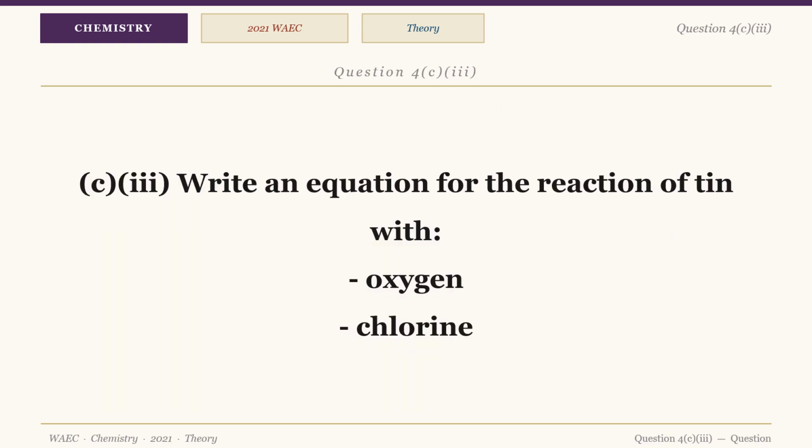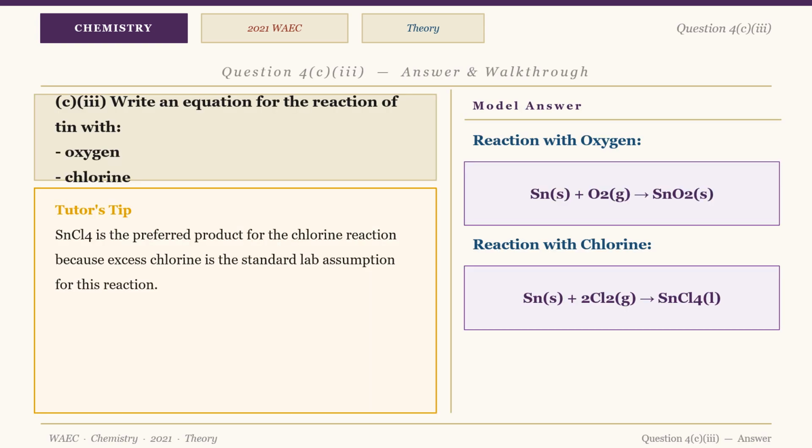Write an equation for the reaction of tin with oxygen and chlorine. So here we have, for reaction with oxygen, Sn tin plus O2 gas would give us SnO2 solid. Now this is that ore, remember, so it will give us tin dioxide.